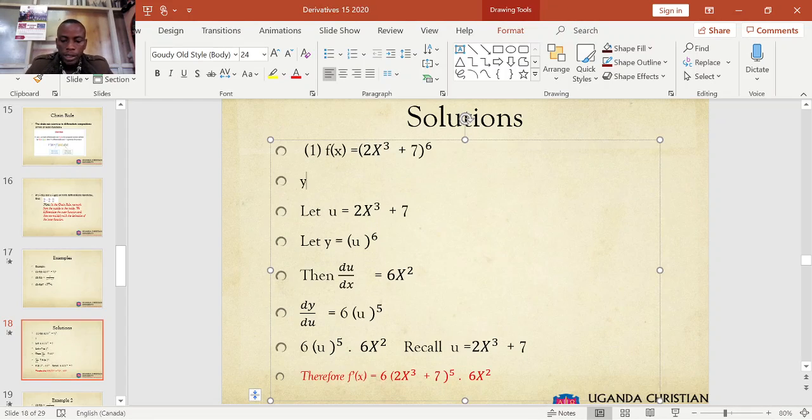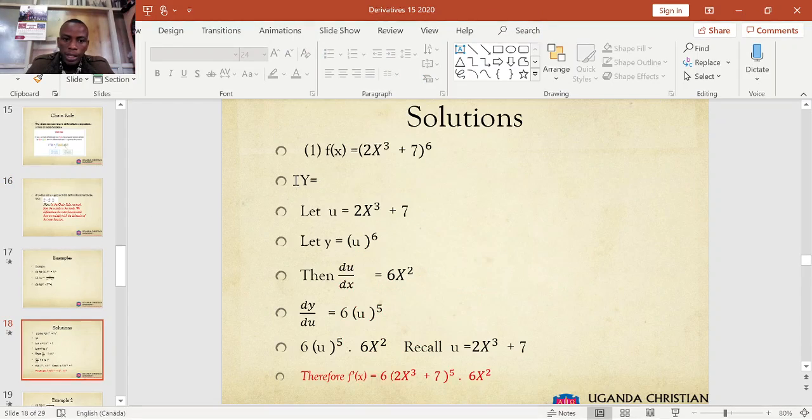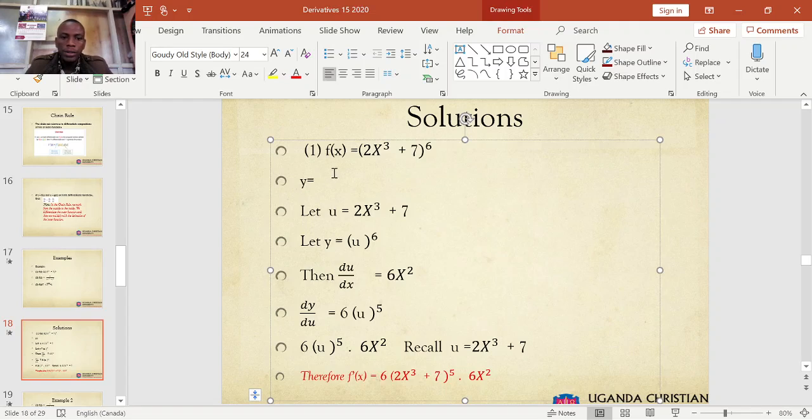Y equals this. So we are letting the inner function be u.